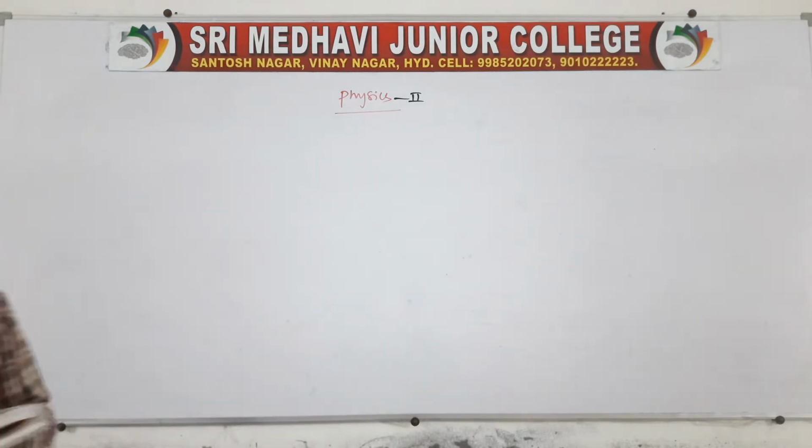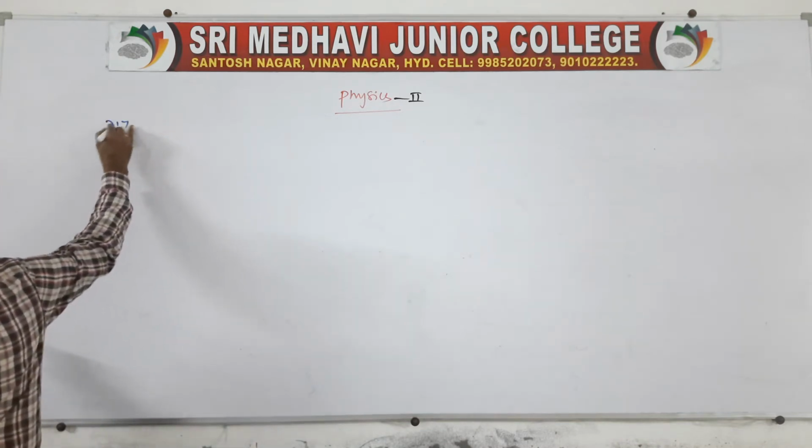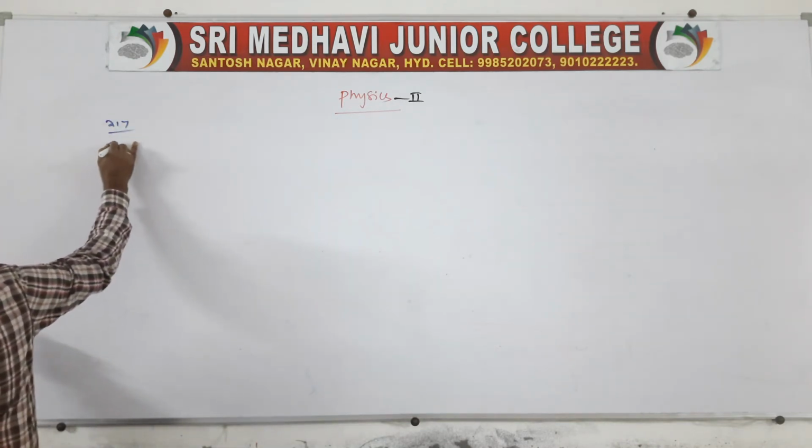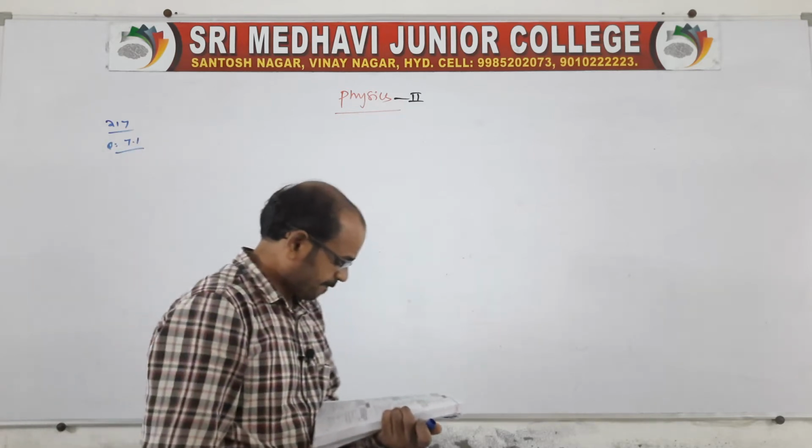Look at the question. 217 page number. Question number is 7.1, which is very easy.